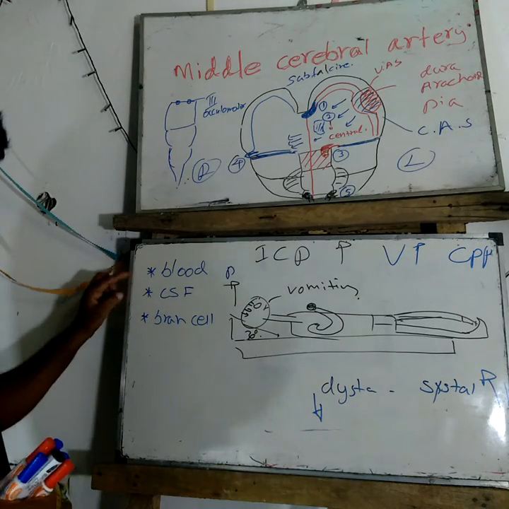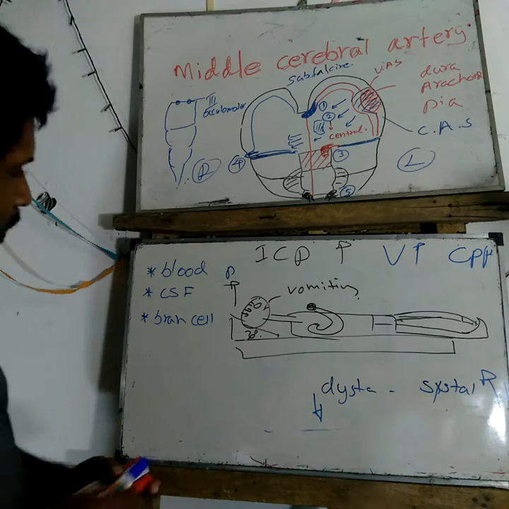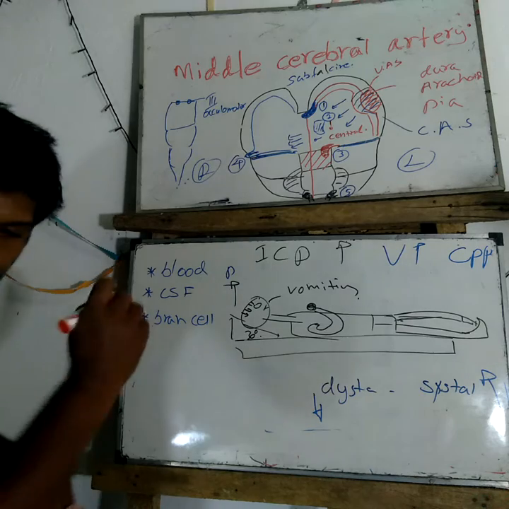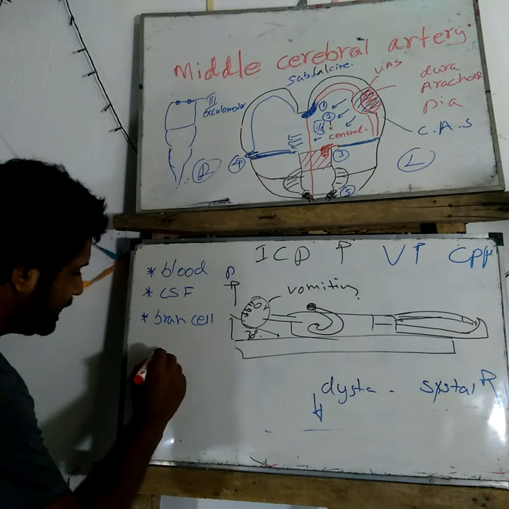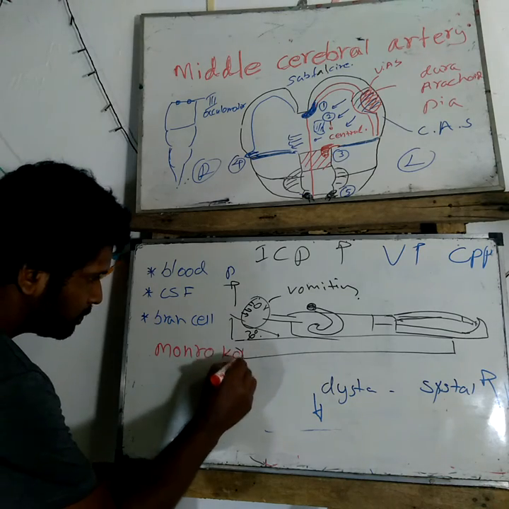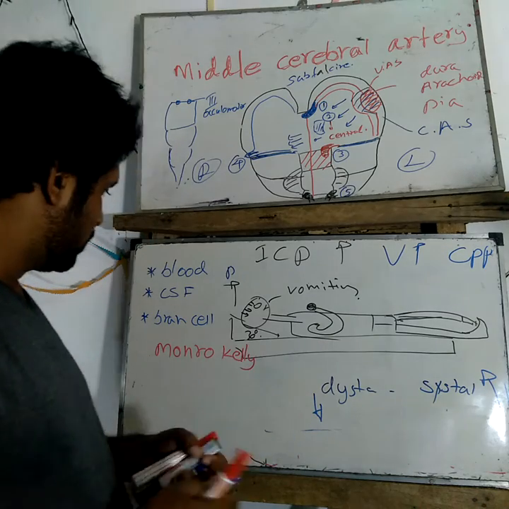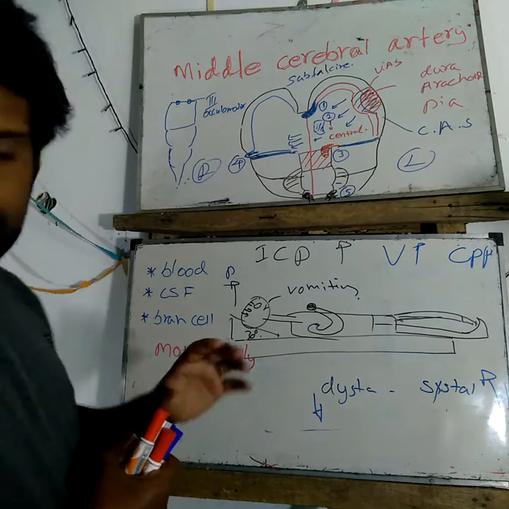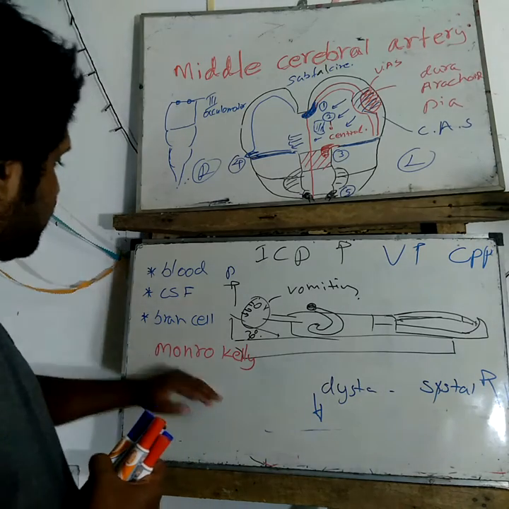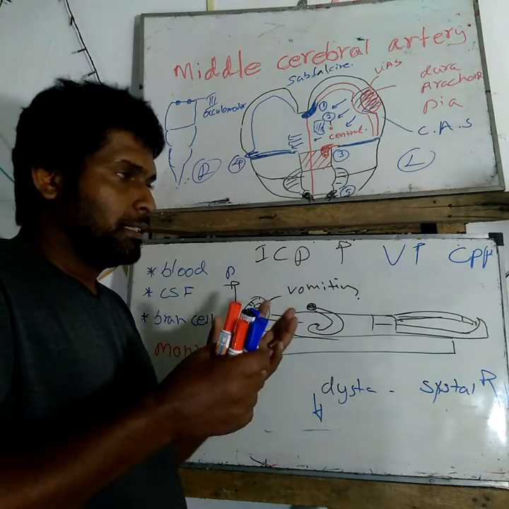These three, blood, CSF fluid and brain cells, we give a special name: Monro-Kellie. The Monro-Kellie hypothesis is the name for blood, CSF and brain cells inside the brain.